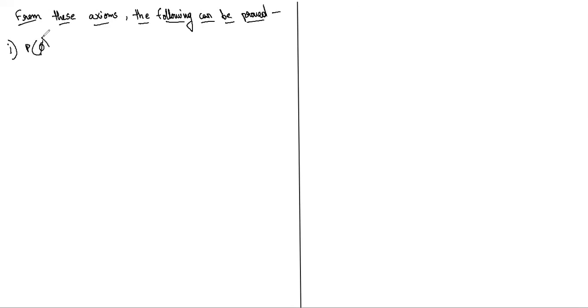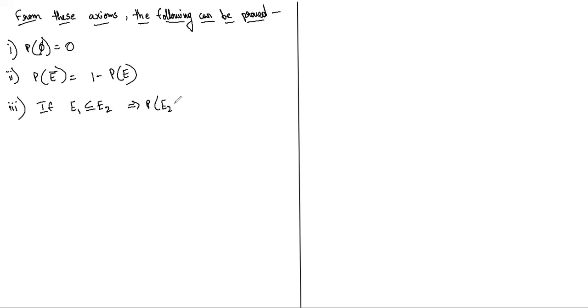You can prove that the probability of null set is 0. You can also prove that probability of E complement, we saw this the other time, is equal to 1 minus probability of E. We can prove that if E1 is a subset of E2, that implies probability of E2 minus E1 equals probability of E2 minus probability of E1.